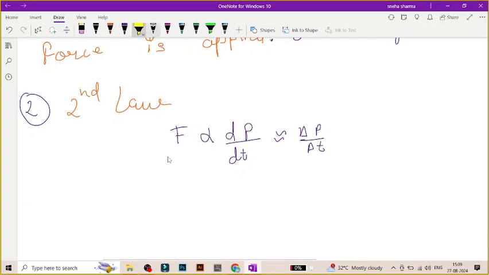Here this delta is called change, and this d, which we later study, is called differentiation, which also means a small change. Okay, so this is the second law.